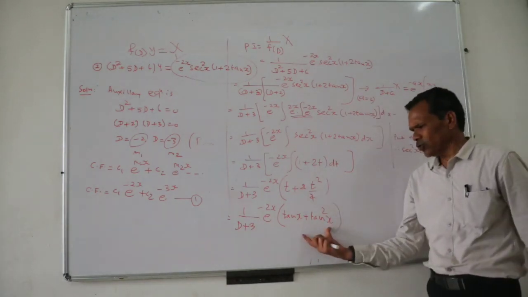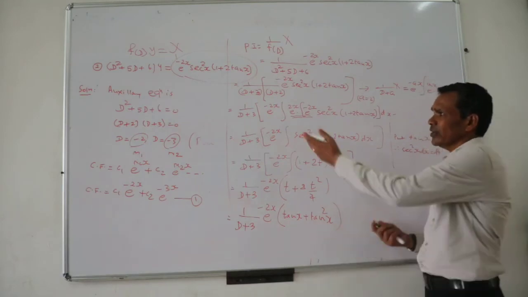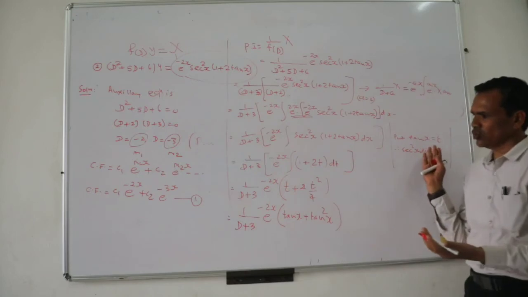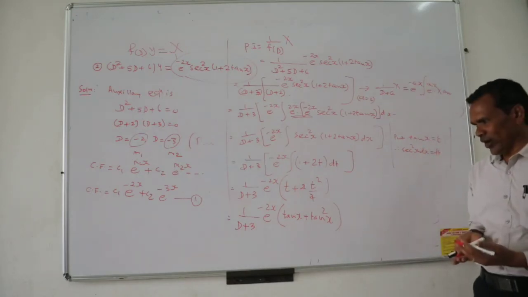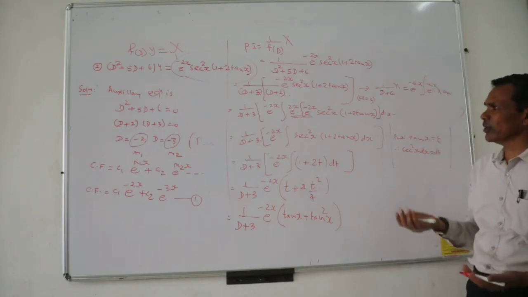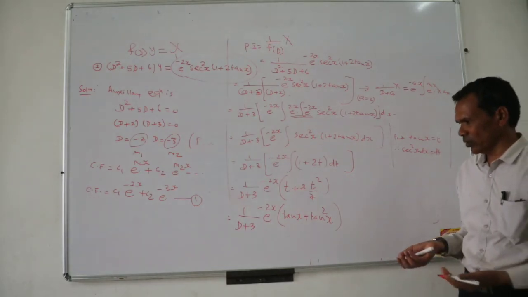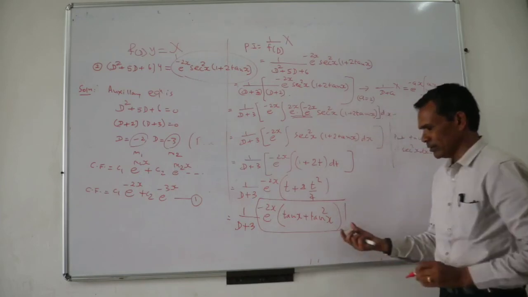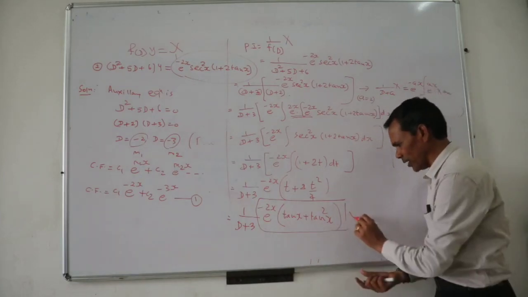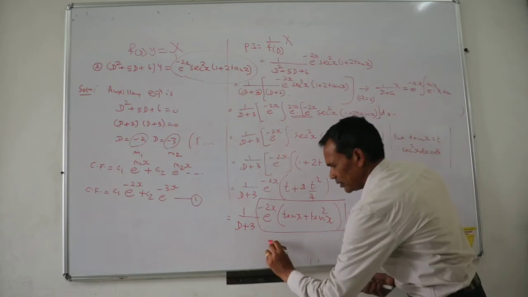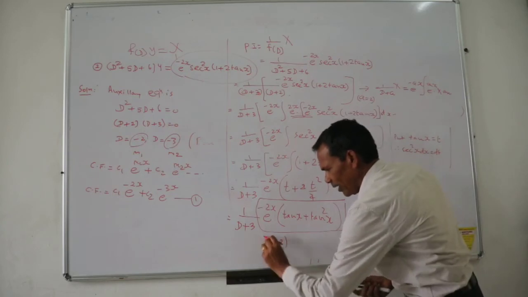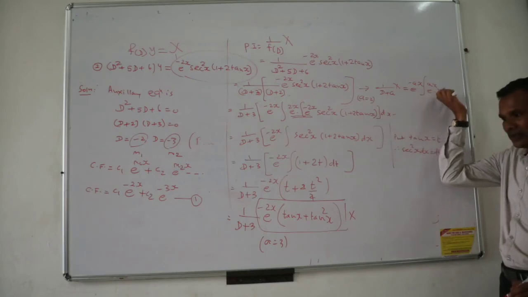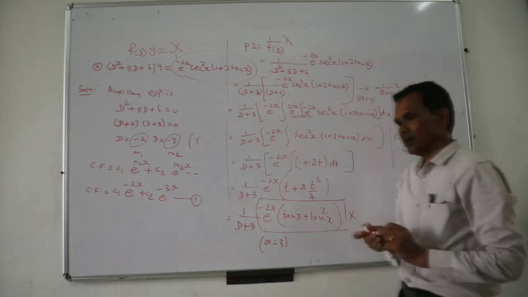So as I said earlier, you can just resolve this into partial fractions also, into 2 terms, and then join those 2 terms together. That is also possible, or you can work out one by one. Now I will consider this as capital X, and reapply the general formula, taking a equal to 2 here. In the general formula, 1 upon D plus a, x e raised to minus ax integral e to the power ax times X dx.